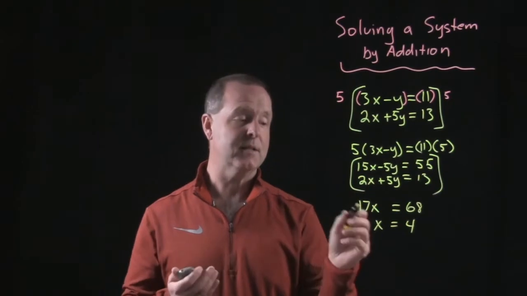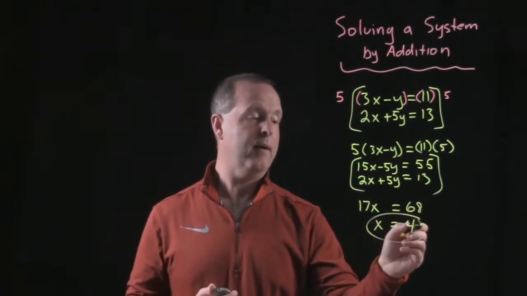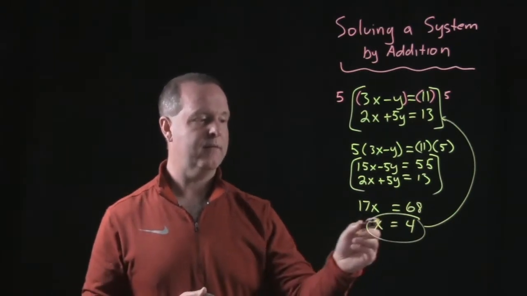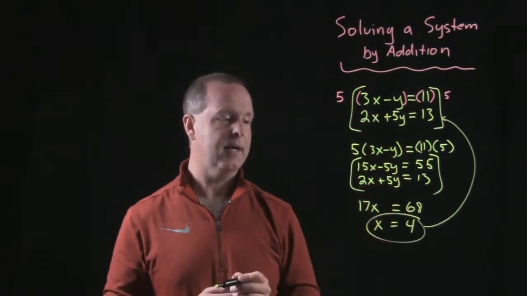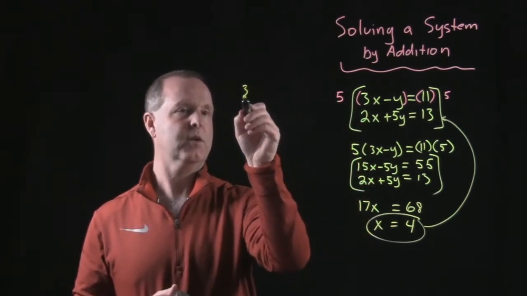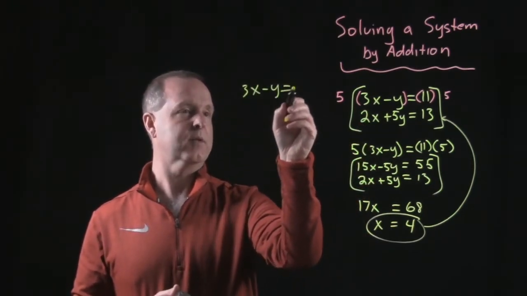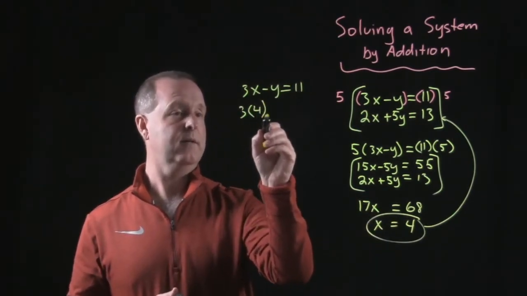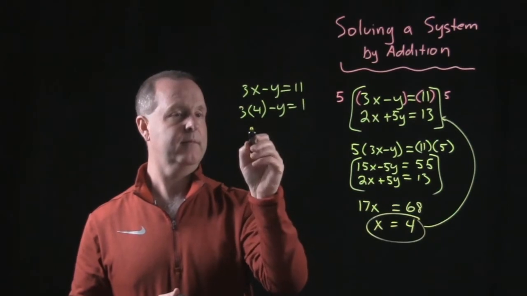Now we back substitute, which means we take this value and plug it back into one of our 2x2 systems and solve for the other variable. Let's do it in the first one. 3x minus y equals 11. 3 times x, which is now 4, minus y equals 11.